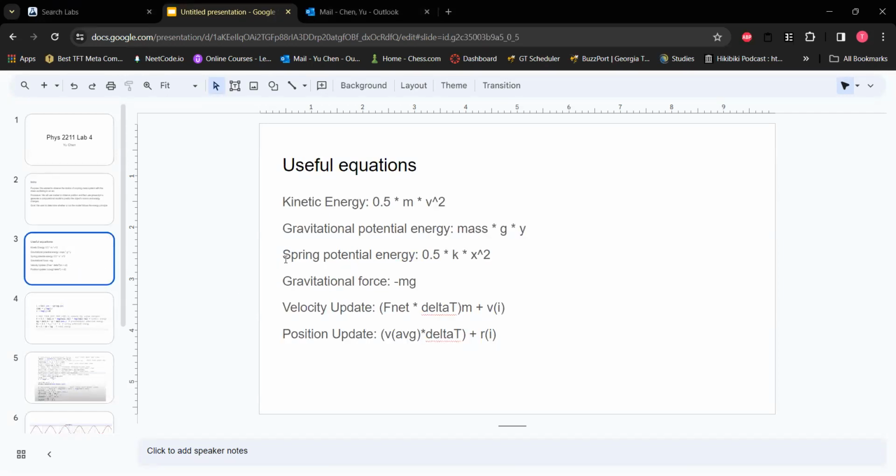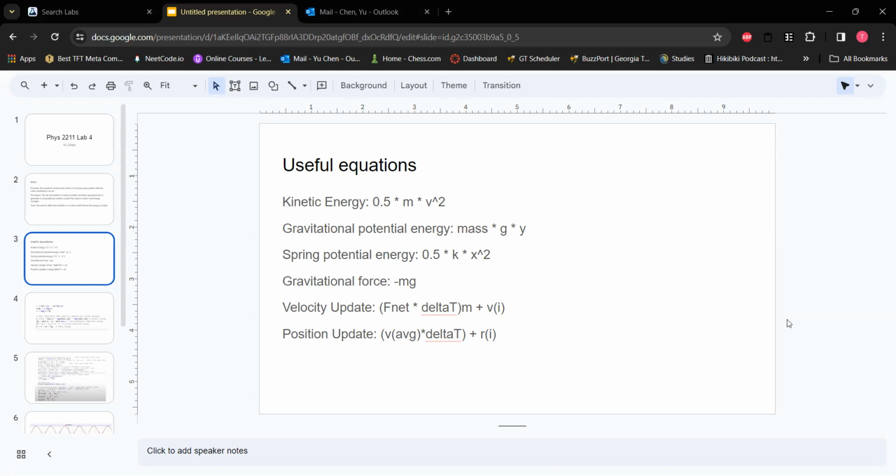Some useful equations in this lab are the kinetic energy formula, which is 0.5 times mass times velocity squared; gravitational potential energy, which is mass times gravity times height; and spring potential energy, which is 0.5 times k times the length elongated or compressed, squared.